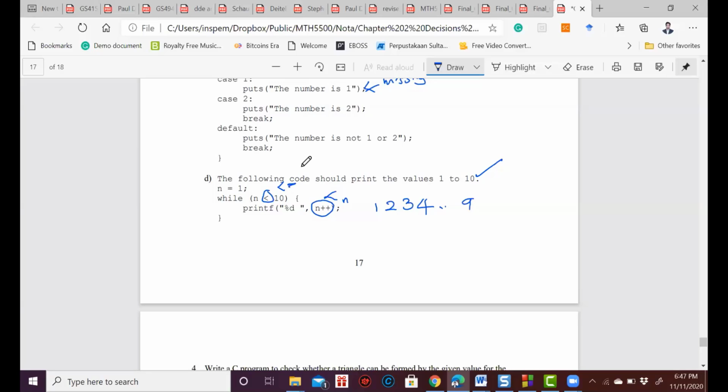Or, doctor, we can correct the statement: the following code should print the value 1 to 9. Keep the structure the same. 1 to 9, what do you mean 1 to 9? No, this one is the question. We need to manipulate the coding, not manipulate the questions.